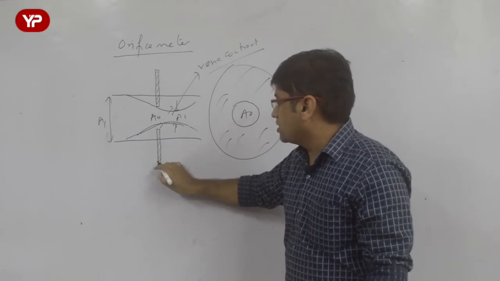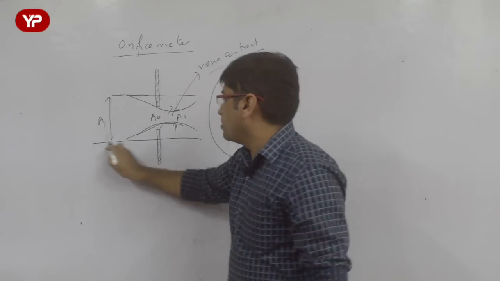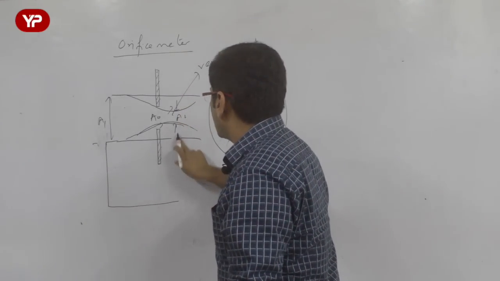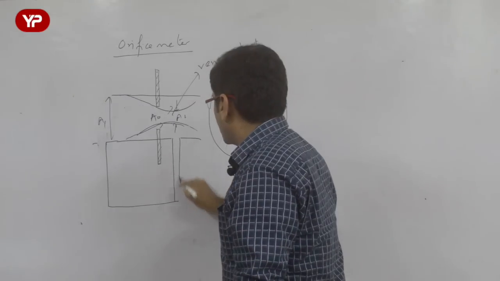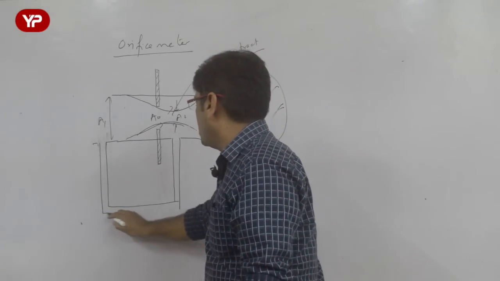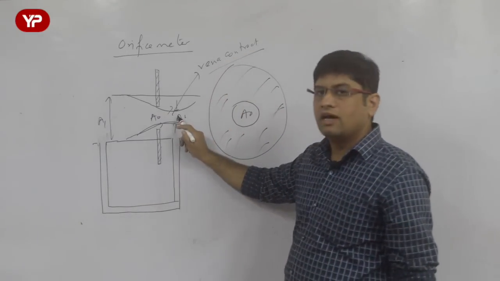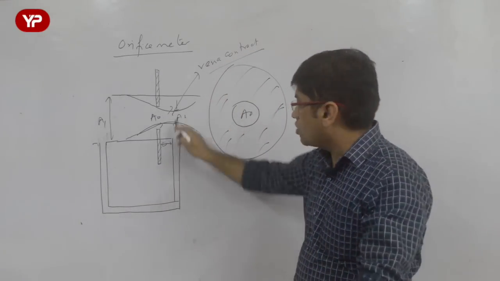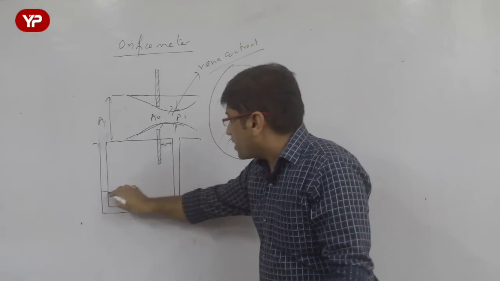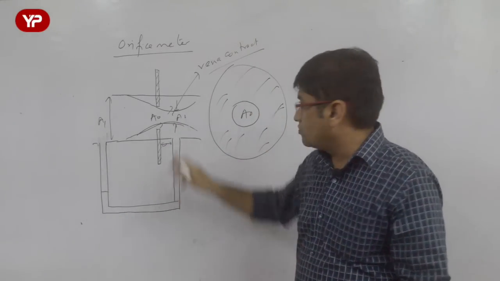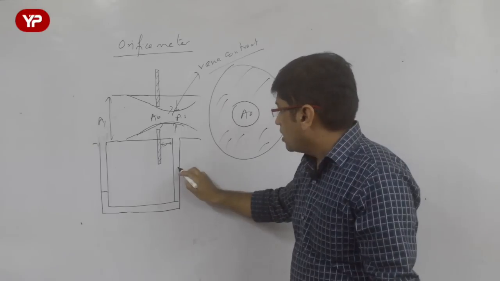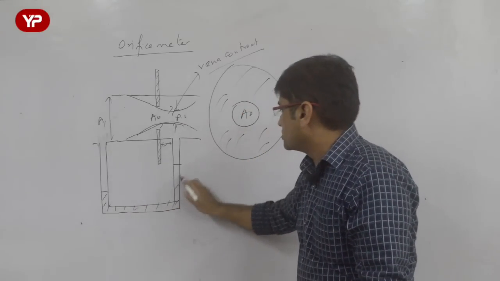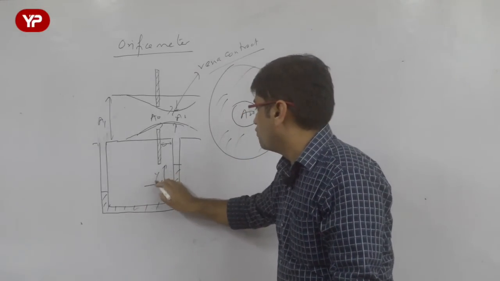Now what we do here is we put the manometer, one limb of the manometer is put in the pipe, and another limb of the manometer is put where the cross section is minimum, and that minimum cross section of the fluid flow is obtained at some distance from the orifice because of inertia of the streamline, that is called vena contracta. Again pressure here is more, and because area is less, velocity is more, so pressure here is going to be less, so we are going to get this kind of manometric limb difference. Let us say this difference is y.